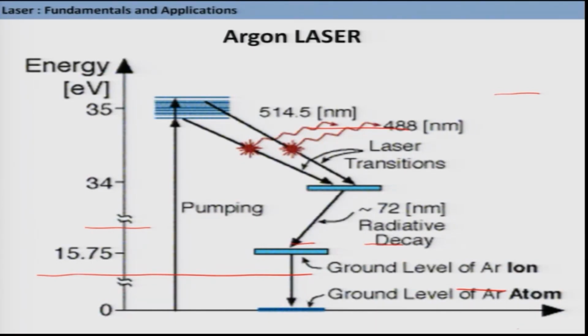So from these states it can come down to this state here, and corresponding two lines. So whether it's coming from here or here, you get different output. So you can see that I can get either 488 or 514 nanometer laser light from these two different transitions.